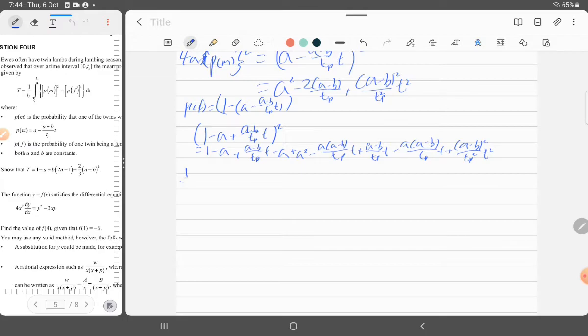So integral of 1 over TP, integral from 0 to TP of... minus 2A combines. Where can I combine other like terms? Minus 2A minus B over TP t.